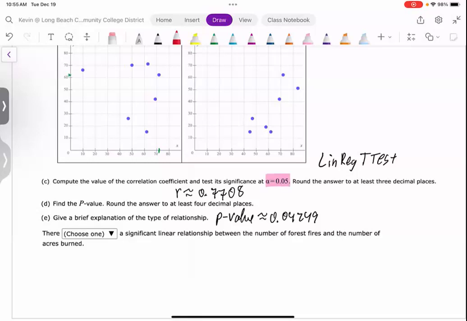I can see right away that that is just barely less than 0.05, which means for us that there is a significant linear relationship between the number of forest fires and the number of acres burned. Not too bad. Let's go on to our last one.